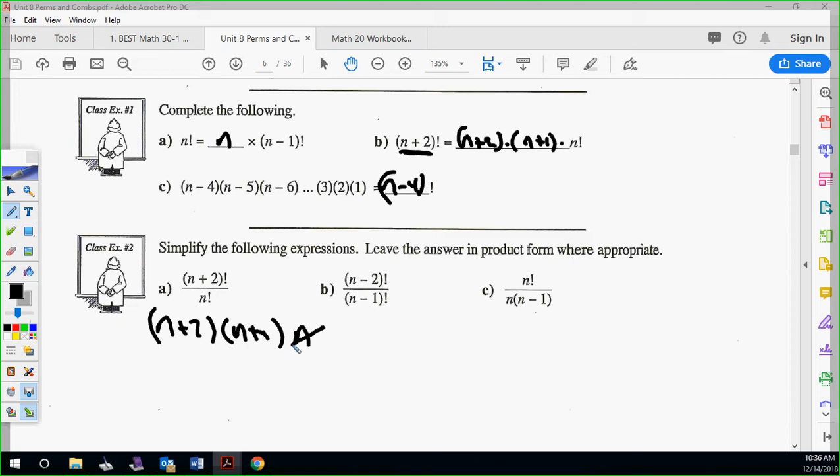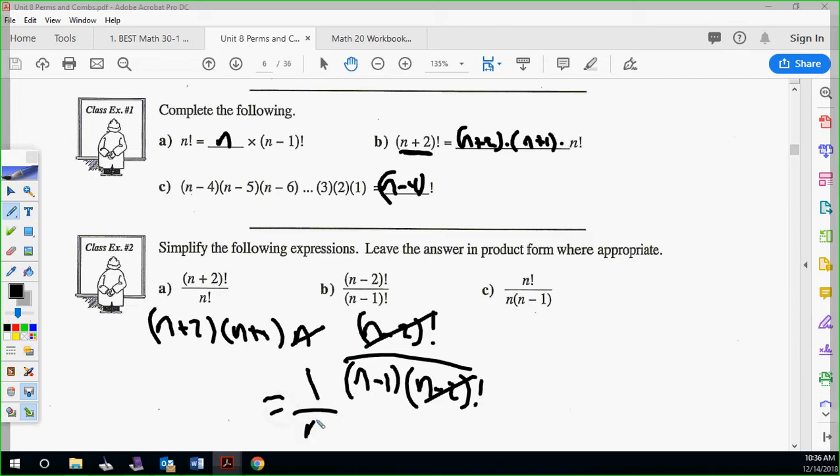So the point is, n minus 2 factorial is on the top. We have n minus 1, and then we times it by n minus 2 factorial. And so then these cancel, because it's minus 1, right? What's negative 1 minus 1? It's a negative 2. So your answer for this one is 1 over n minus 1.